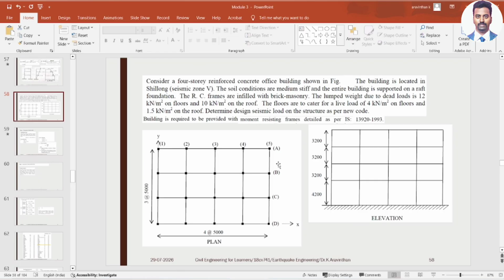In this problem they have not mentioned which grade of concrete and which grade of steel, these are all not considered. We will be taking this for analysis, and since we are providing 0 as the weight, it will not have the self weight and it has only the shape of the structure.